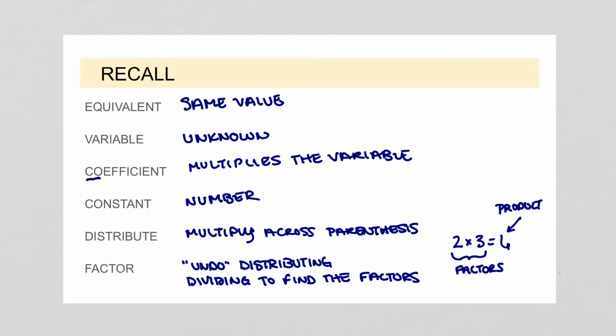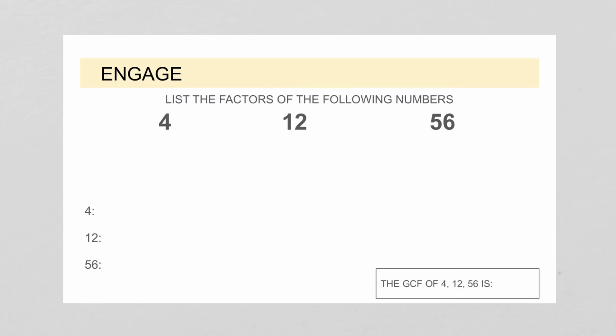All right, so that's a quick review of all the things we've already talked about. Let's engage our brain and go with what we did last lesson. I want you to find all the factors of the following numbers. You can use the list method like we practiced.